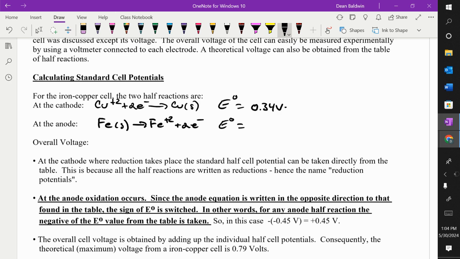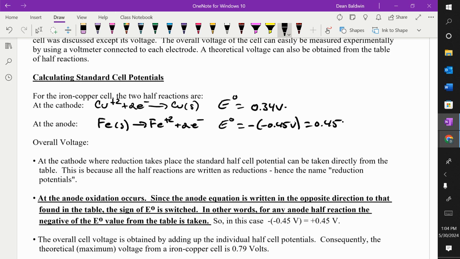And then the next one, iron, we flip the reaction. If you flip the reaction coming off the table, what do you think you do? You flip the sign of the voltage. So it's going to be negative of negative 0.45, which obviously becomes 0.45 volts.